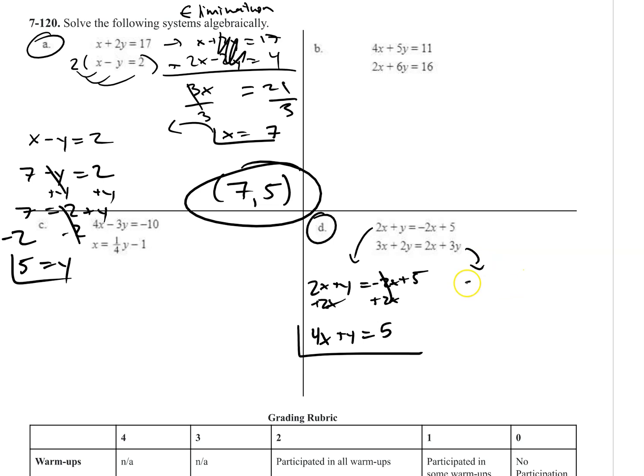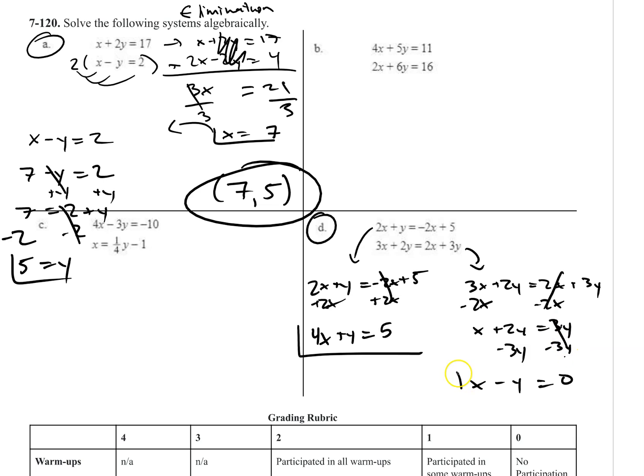For the bottom equation, I'm going to take away the 2x on each side. So that gives me x plus 2y equals 3y. Then if I take away 3y on both sides, I get x minus y equals 0. 2y minus 3y is negative y. And then this becomes 0.